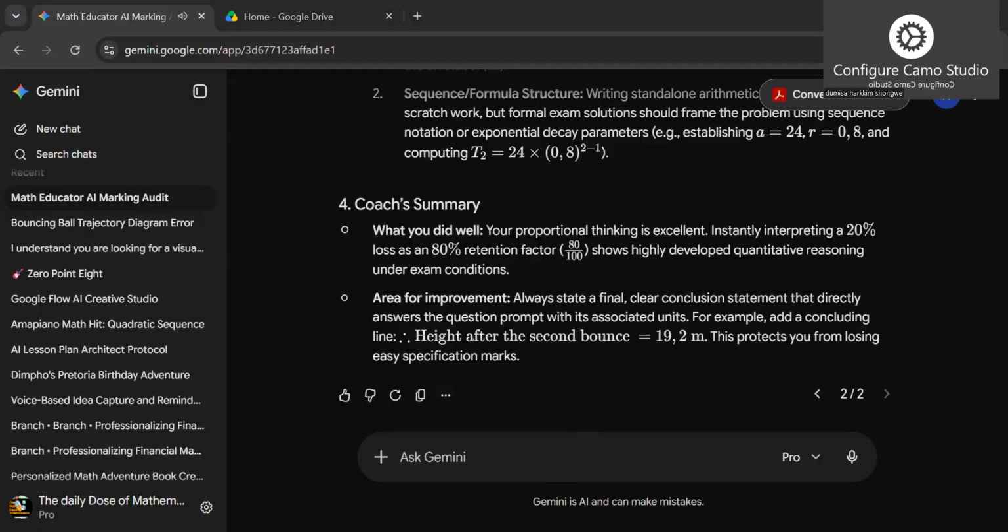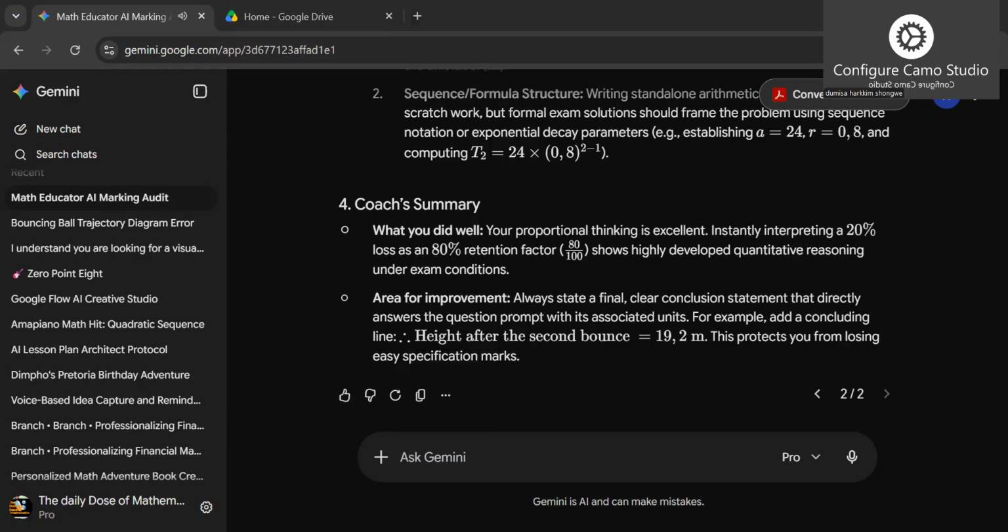First bounce height 30 times 80/100 equals 24, checkmark A. Accurate identification of the common ratio, r equals 0,80, from the contextual phrase, loses 20%, and calculation of the first term, bounce. Second bounce and final answer 24 times 80/100 equals 19,2, checkmark CA. Consistent accuracy in applying the common ratio to find the second bounce value.